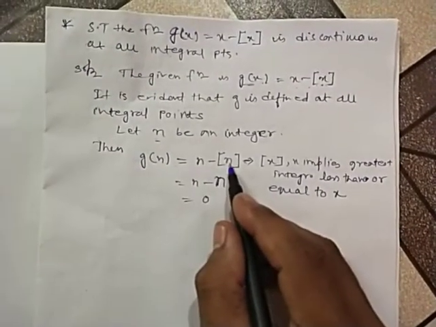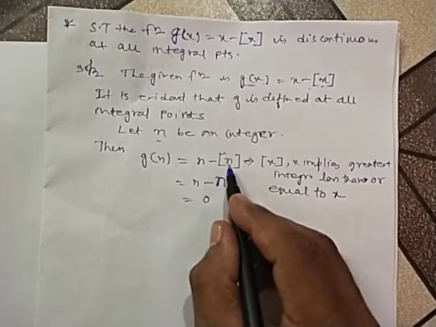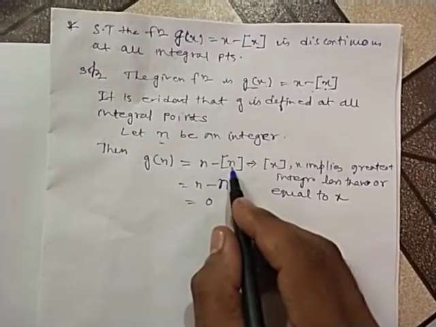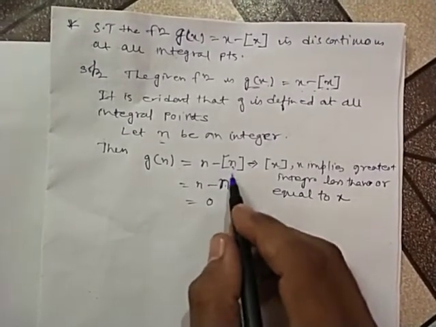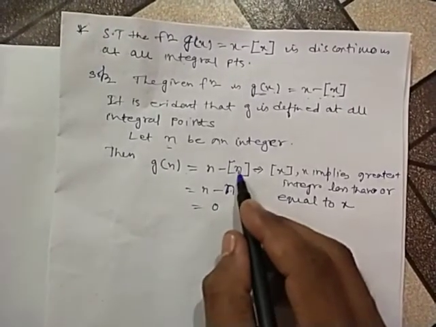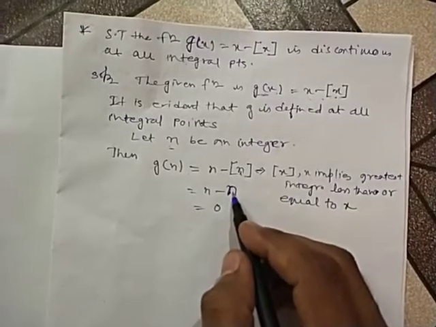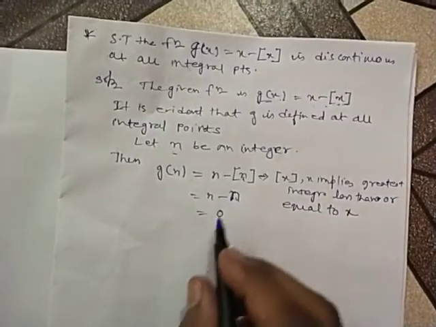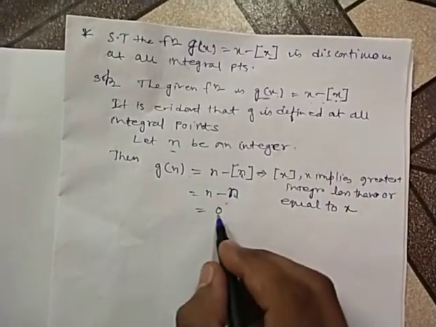So the greatest integral value of n can be n only. It can be less also, but we have not taken less because this is n. If this is 1, you can take 1, if 2, you can take 2. So n minus n, you are getting 0.